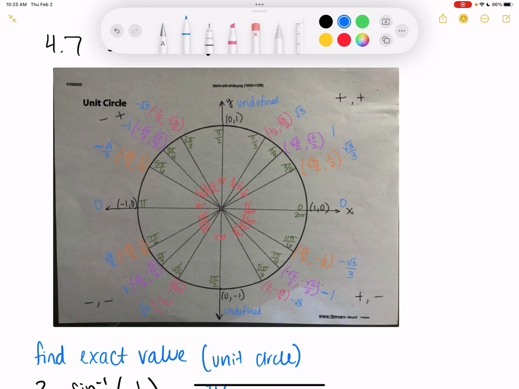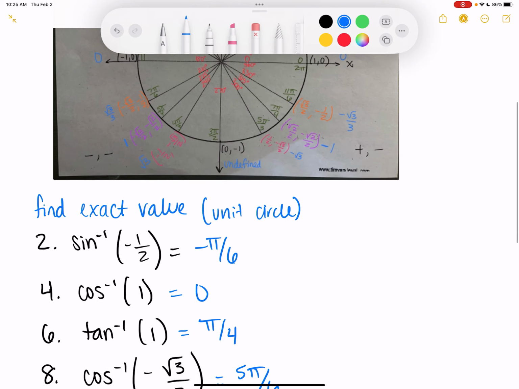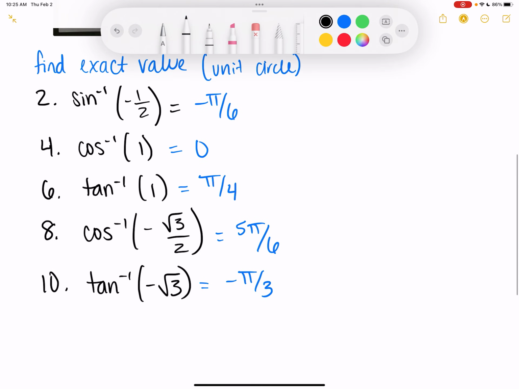Mm-hmm. But we have to treat it as minus pi over 3 because 5 pi over 3 isn't in the range that it occurs in. So with sine and tangent, anything below is going to be a minus value. Otherwise, they're positive.